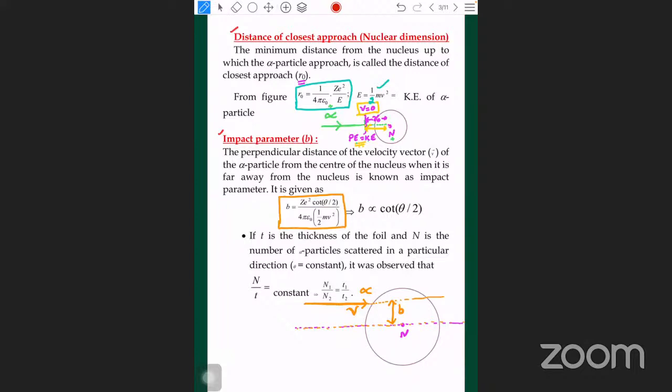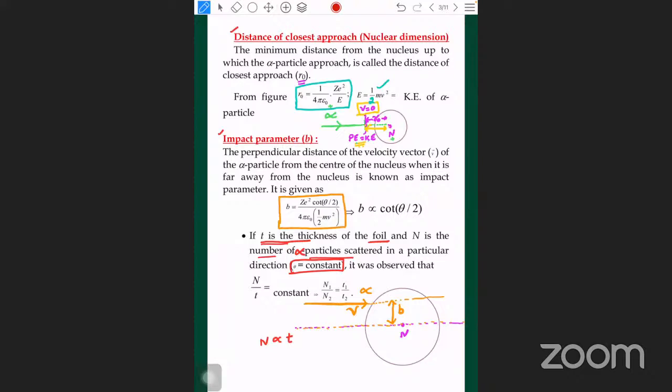Now, if T is the thickness of the foil, if you are using a thin gold foil in the alpha scattering experiment, and N is the number of alpha particles scattered, keeping the same scattering angle theta constant, we can observe that the number of scattered alpha particles is directly proportional to the thickness of the foil.